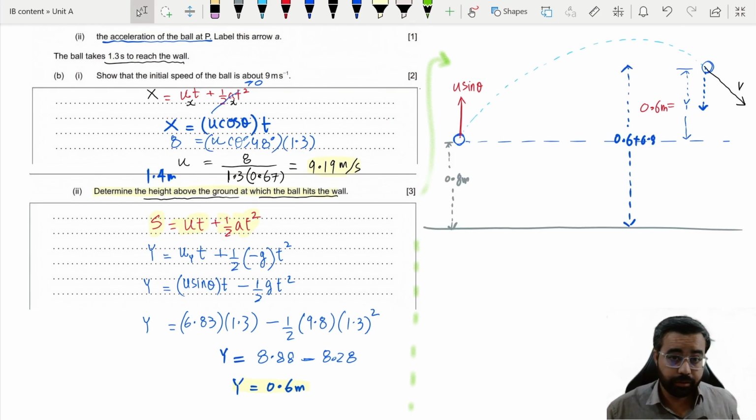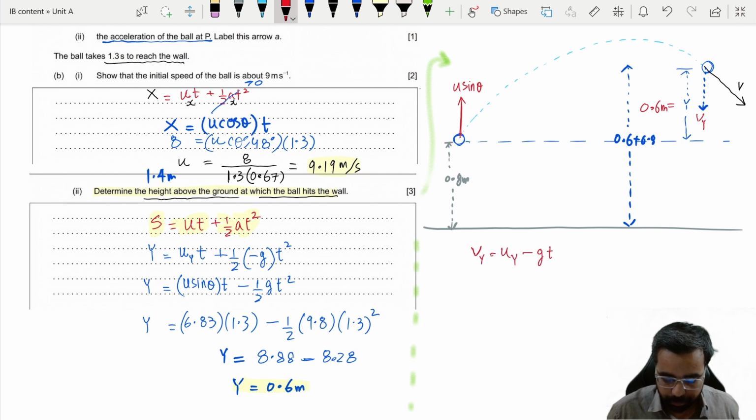But last of all, if you want to use some other equation of motion, then I told you you need the y component of motion. So let's say how you can calculate that: we know Vy equals Uy minus g t. So first you can calculate Vy, the vertical component of velocity. So you know that it's u sine theta minus g t.